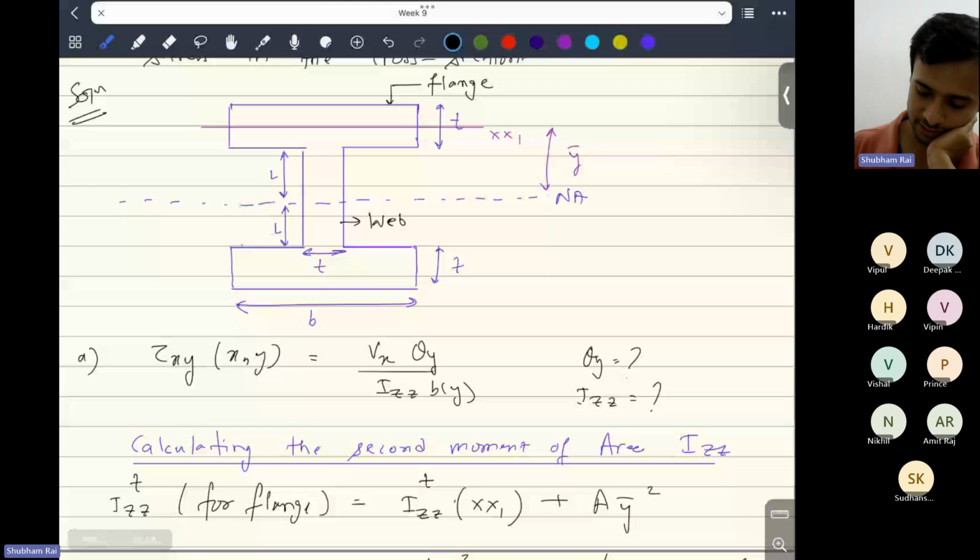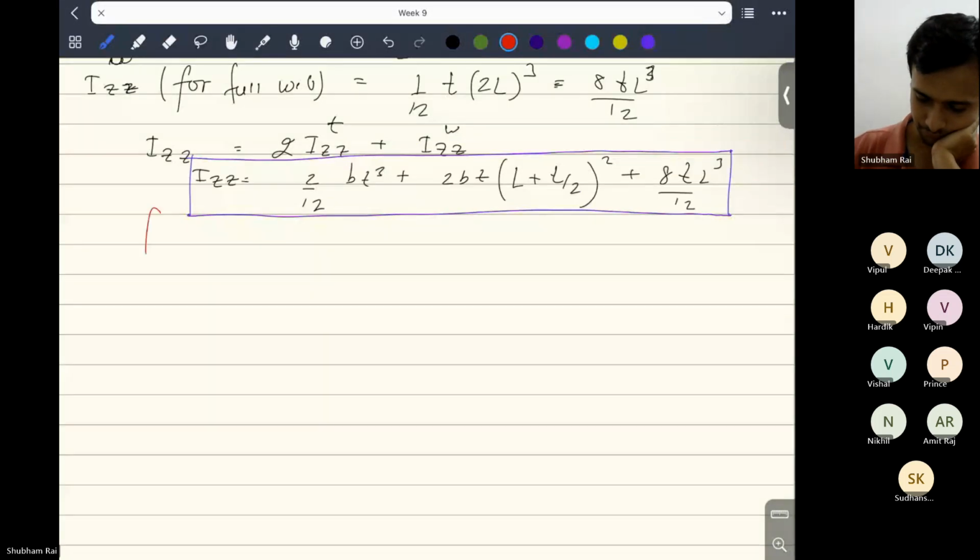How will you do that? Let's firstly calculate QY for the flange. Let's first consider the flange.